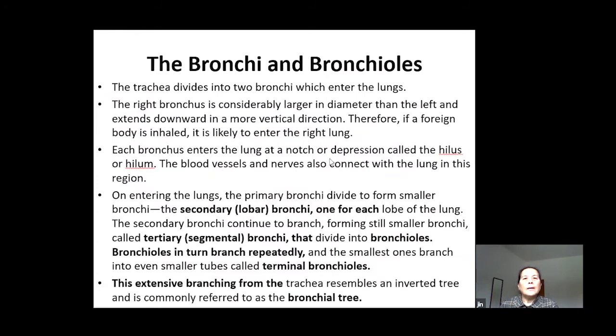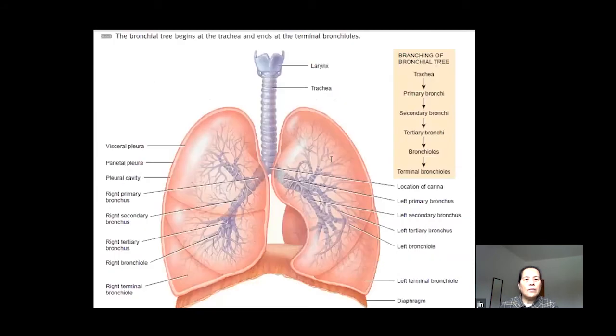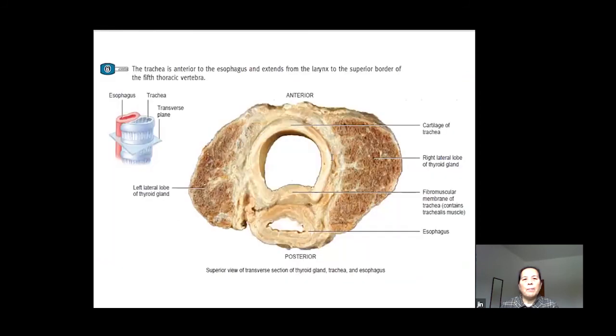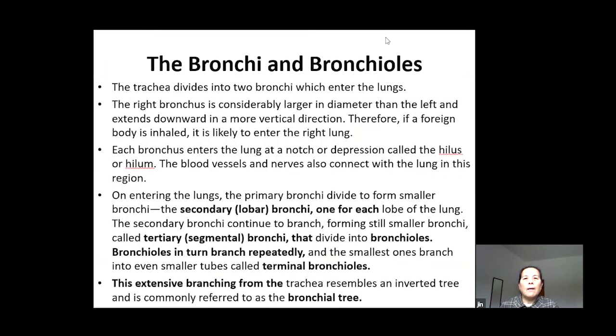Connected with the trachea are the bronchi and the bronchioles. We call that the bronchial tree. The bigger ones we call bronchi. So the trachea truly divides into two bronchi and then goes inside the lung.